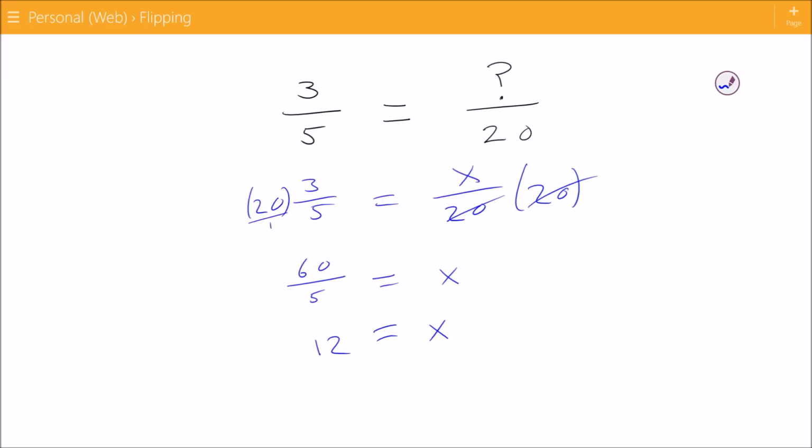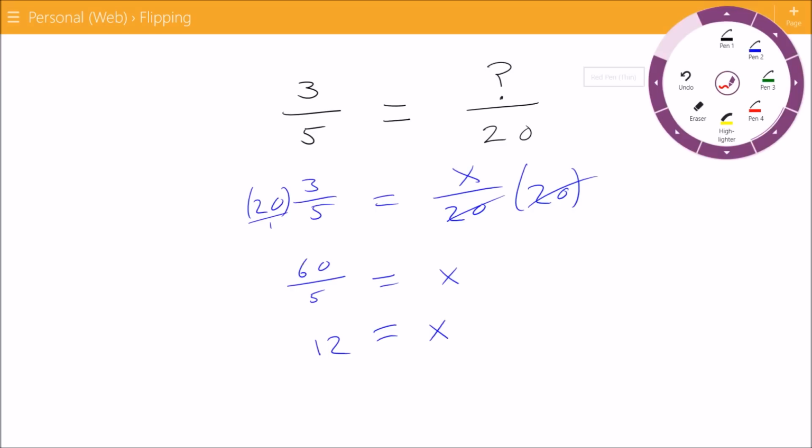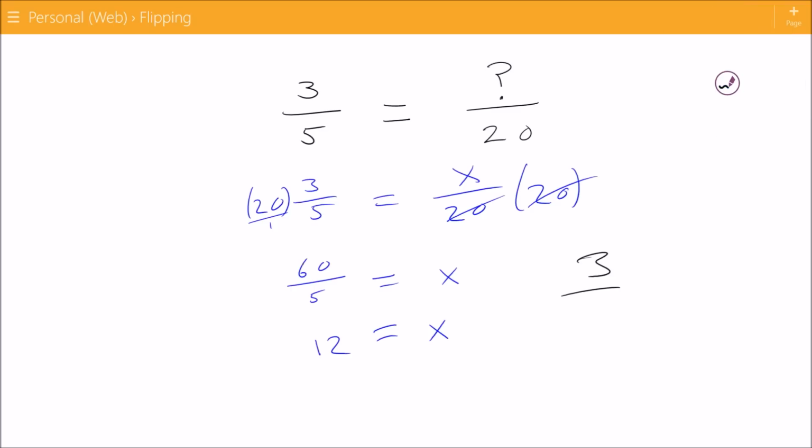Therefore, I can say that 3 over 5 is equal to 12 over 20.